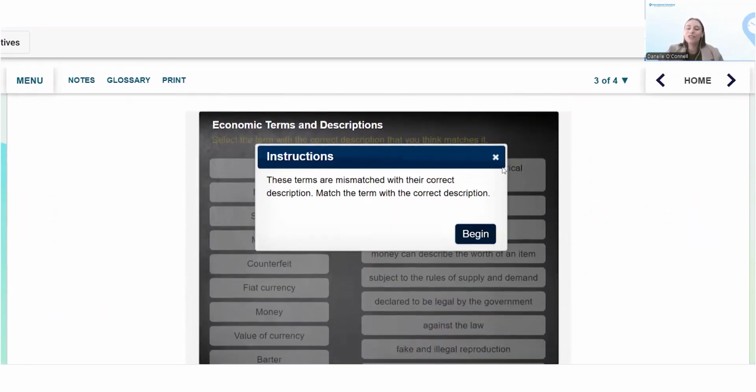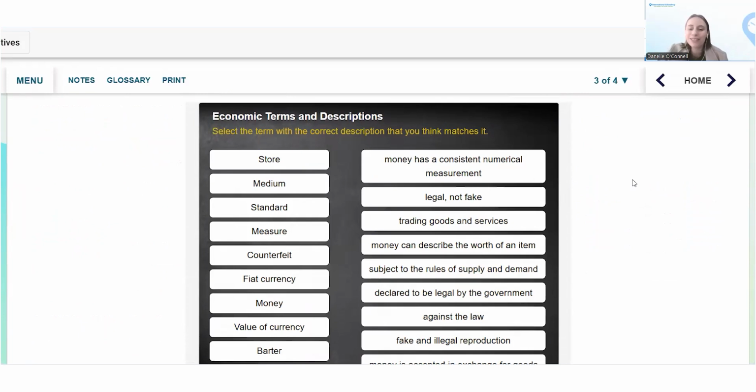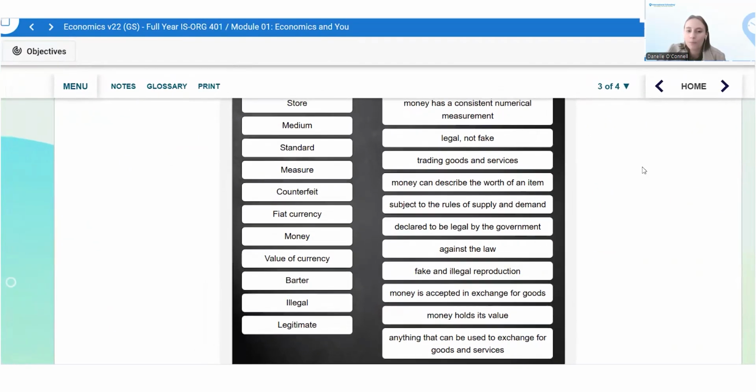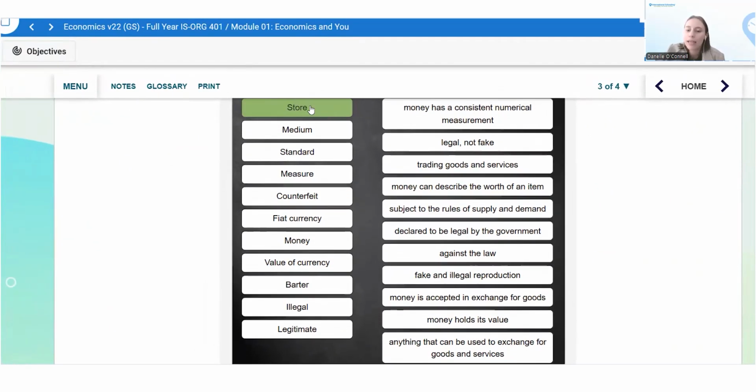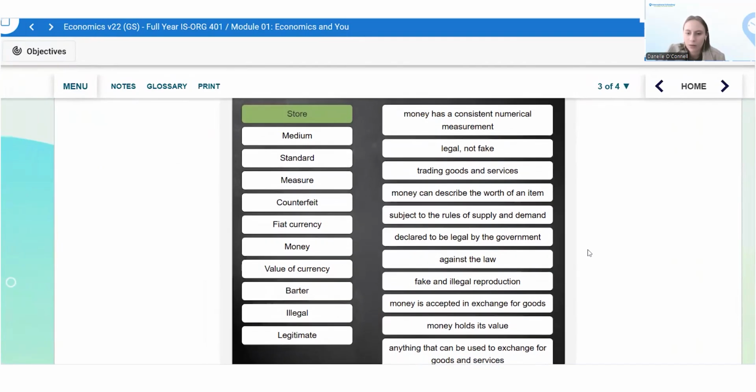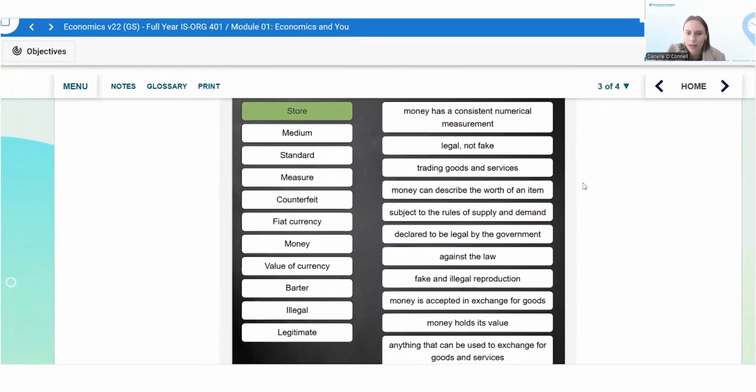Let's do a review of what we have learned. Now we are going to essentially match each one. First and foremost, store. What can money do? Money can... I'm trying to look for the answer. Can anybody see the answer?